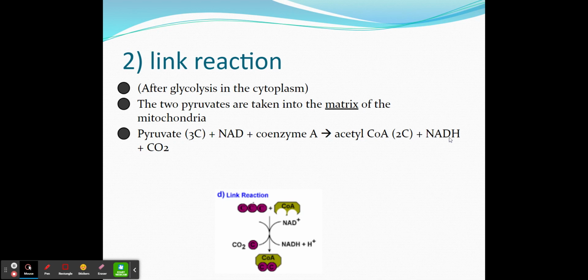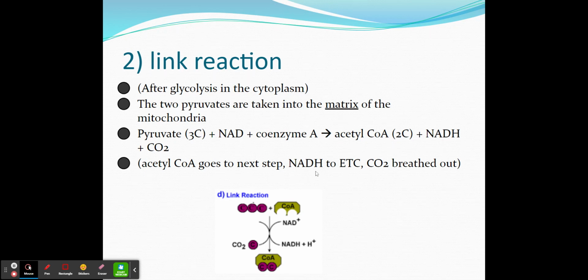Okay, so we've made something useful, and we've lost the CO2 from this carbon compound, right? We started from 6 carbon glucose, now we're down to 3 carbon pyruvate, now we're down to 2 carbon acetyl-CoA, 6 to 3 to 2. We are on our way to all single carbon dioxides. Okay, NADH is useful. That's going to power the ETC, which is step 4, GLKEC.